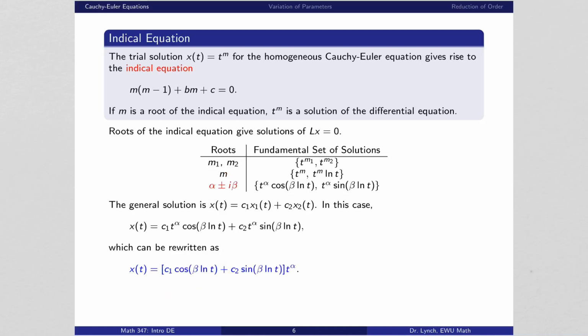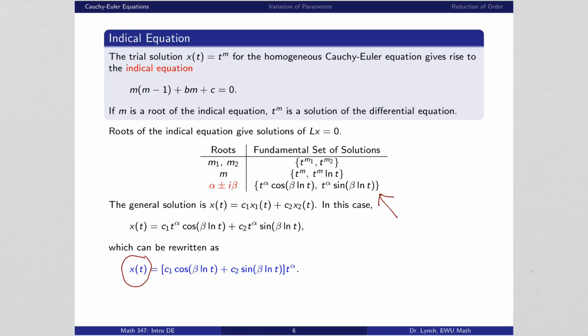Finally, the case of complex conjugate roots. In this case, the fundamental set of solutions is given here, and the general solution is again a linear combination of those two linearly independent solutions, which we've written in factored form as c1 cosine beta log t plus c2 sine beta log t, all times t to the alpha.